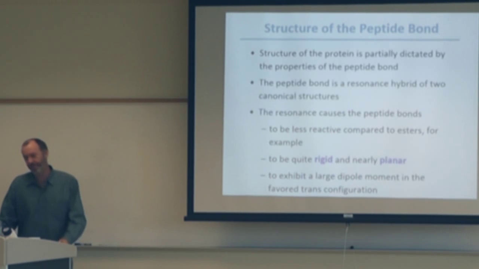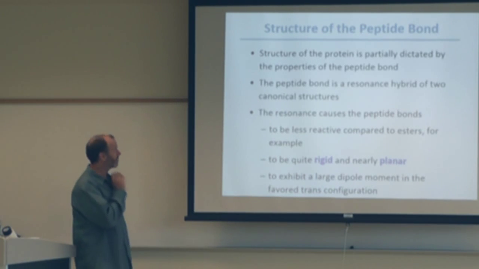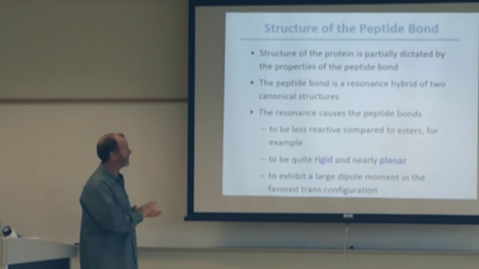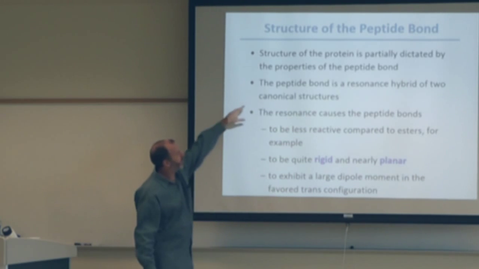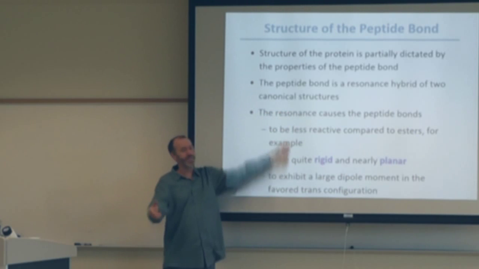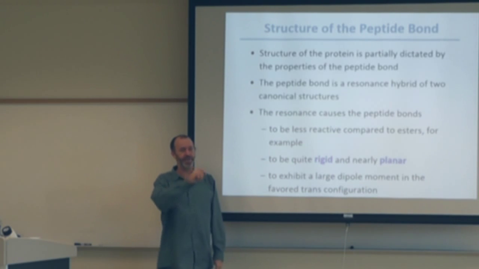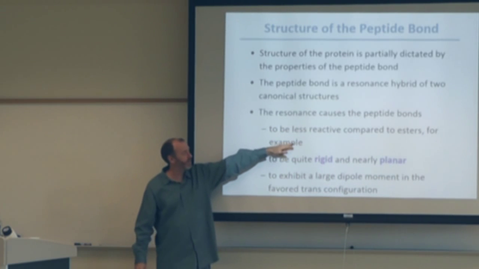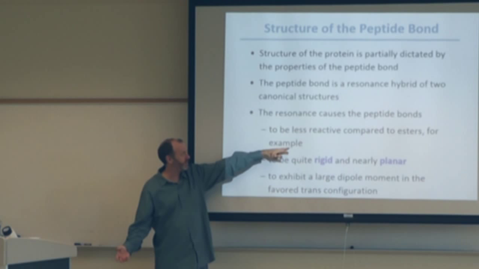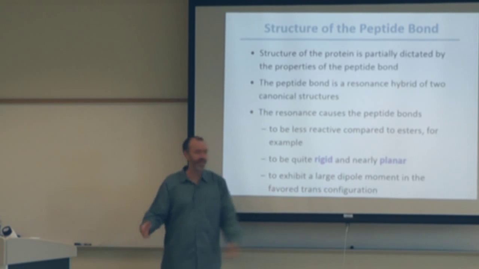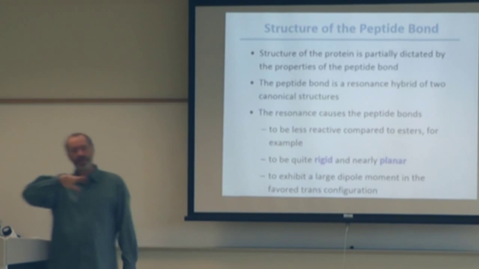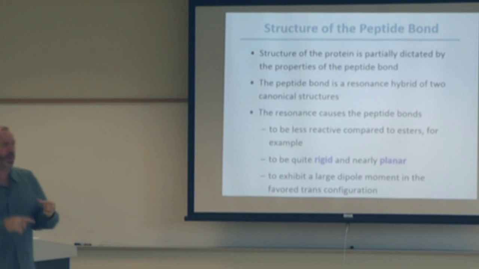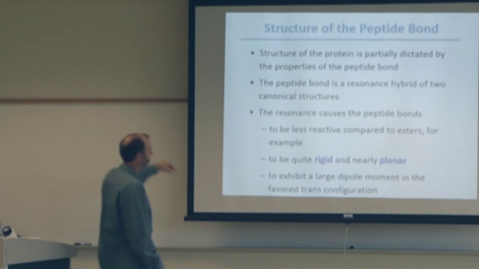So, the structure of the peptide bond. We talked about this a little last time. It's partially dictated by the properties of the peptide bond. The peptide bond is a resonance hybrid. Didn't I make you draw that resonance structure last time? The resonance causes peptides to be less reactive compared to other esters, and quite rigid and nearly planar. So there's a barrier to rotation around that peptide bond due to this resonance hybrid.